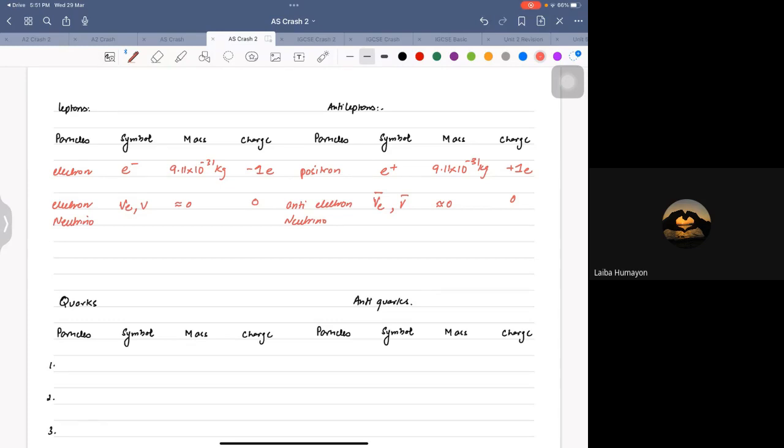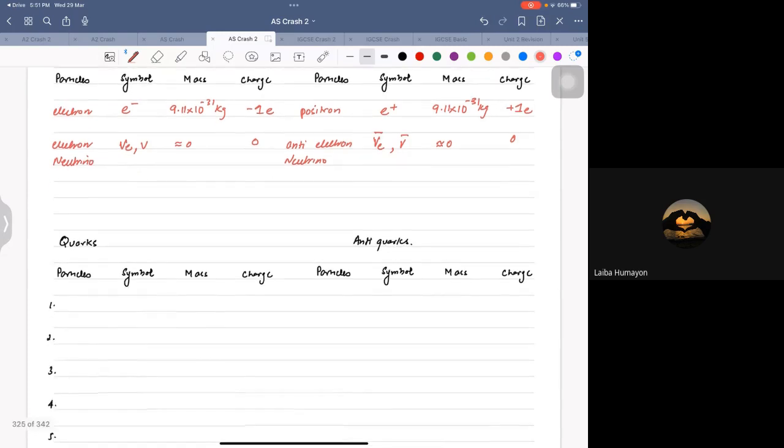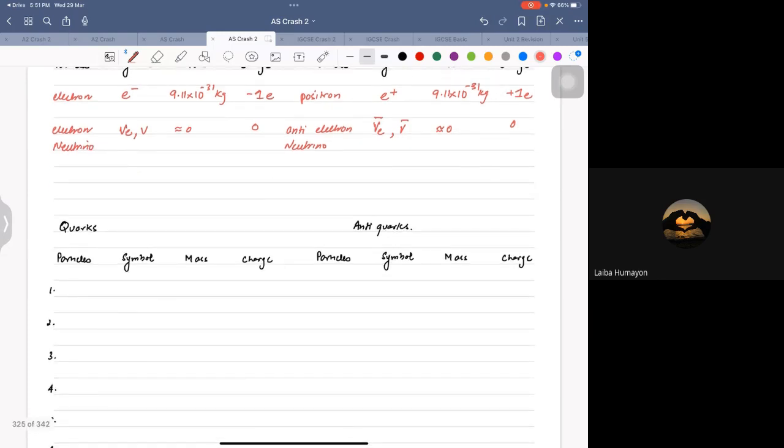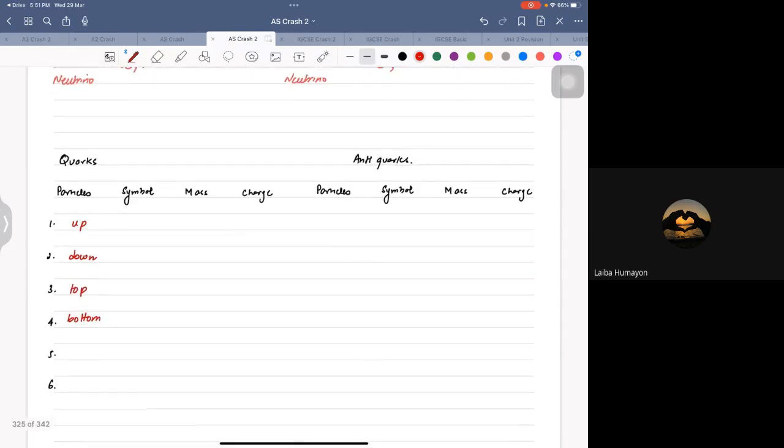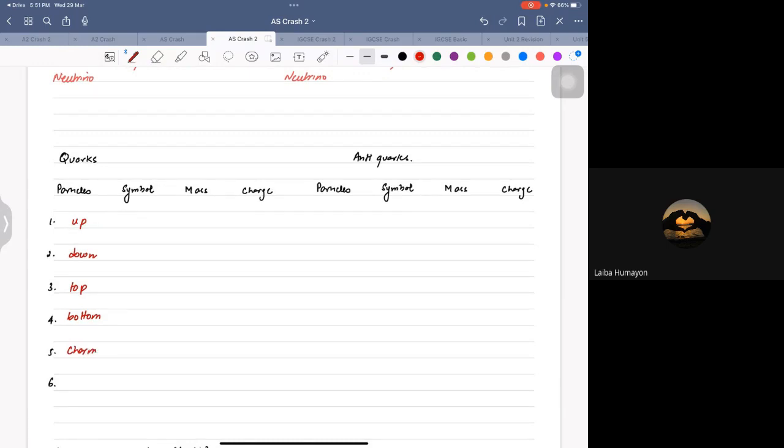Okay then. Now going to the next, we're going to talk about quarks and anti-quarks. So first of all, we have names like this: up, down, top, bottom, charm, and strange. The symbol of up is u, then small d, small t, small b, small c, small s.